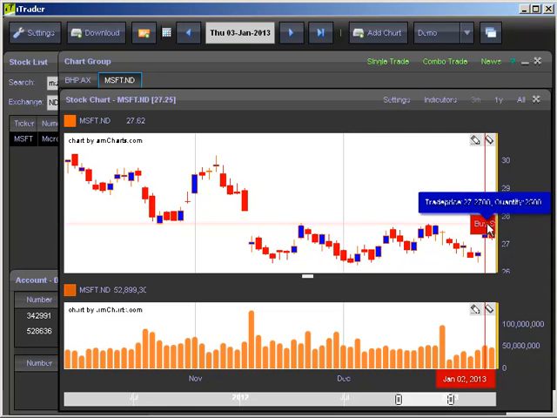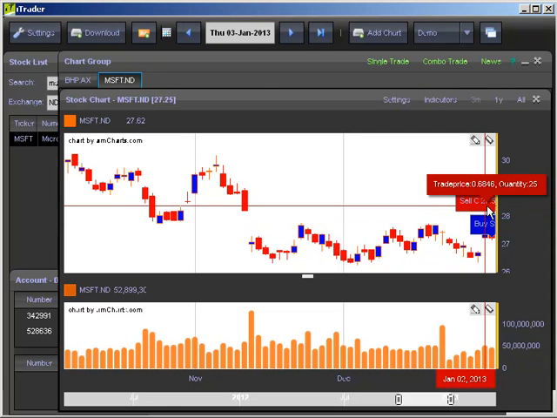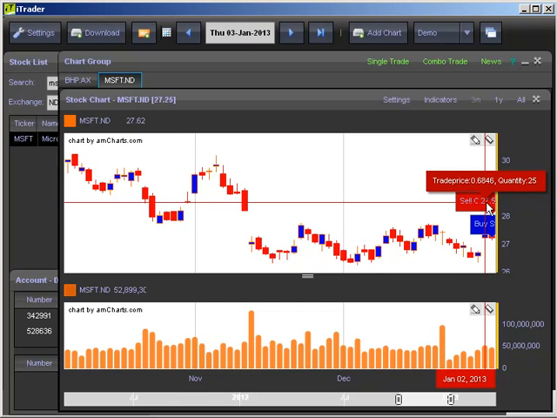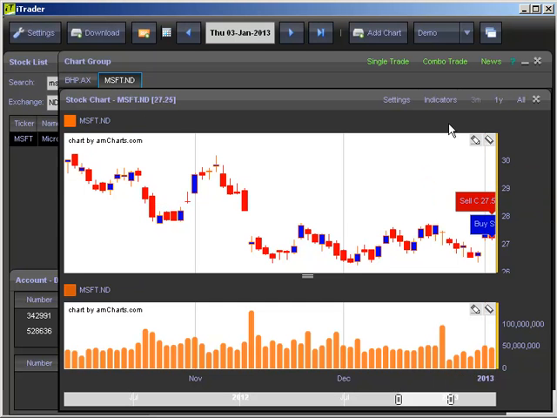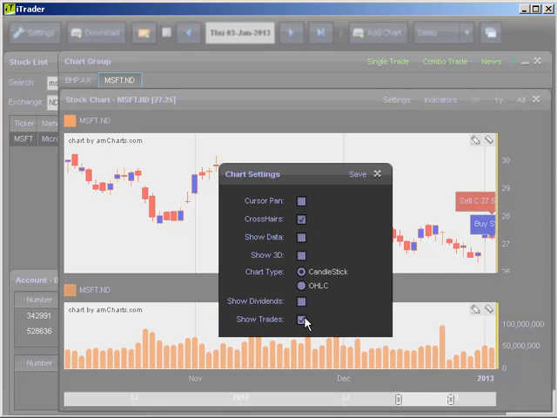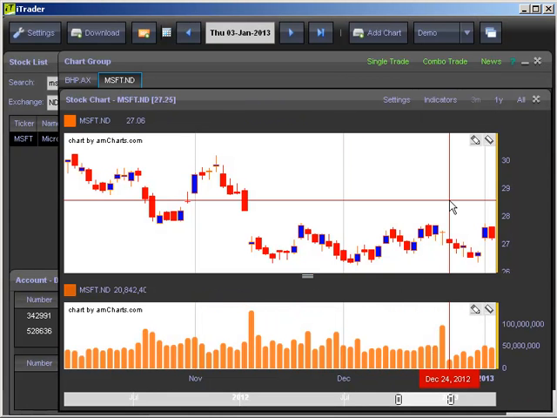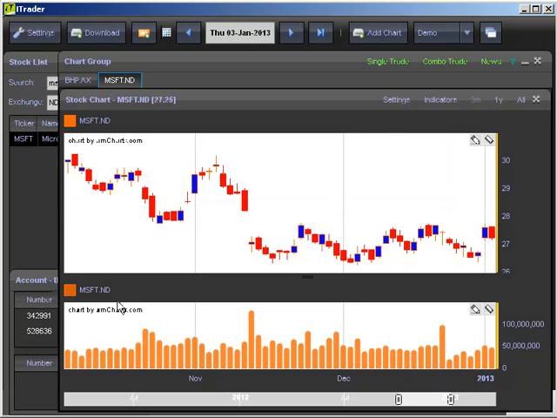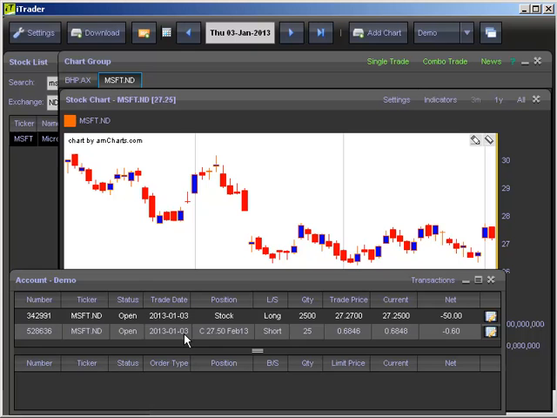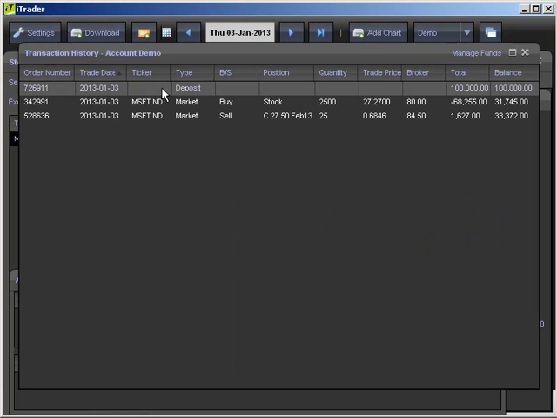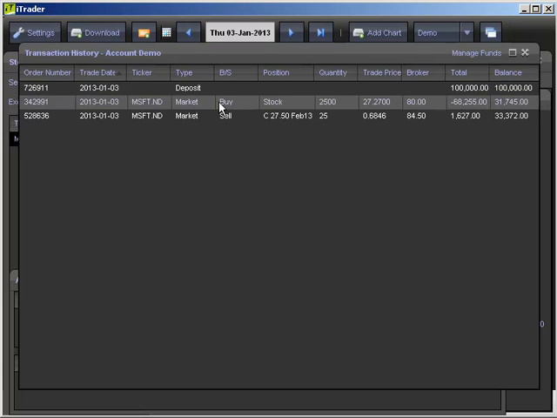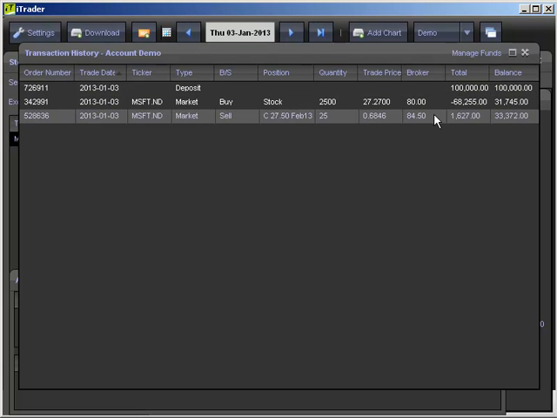We've bought the stock and we've then gone and rented those shares out by selling that call option. So I'm just going to turn that off again. And if we go and look at our account, we can see here are the two trades here, and we can go and look at our transactions. See, that's the original deposit, the buying of the stock, and then the renting of the shares here.